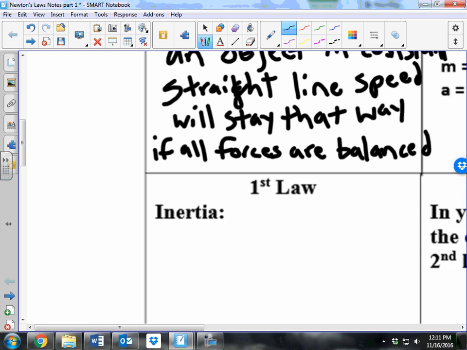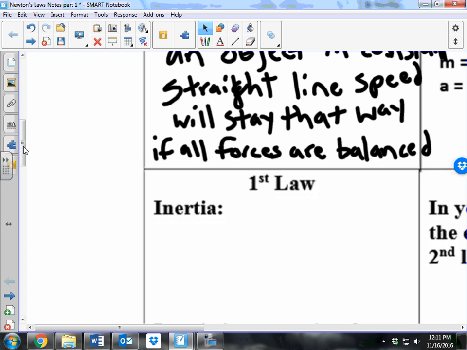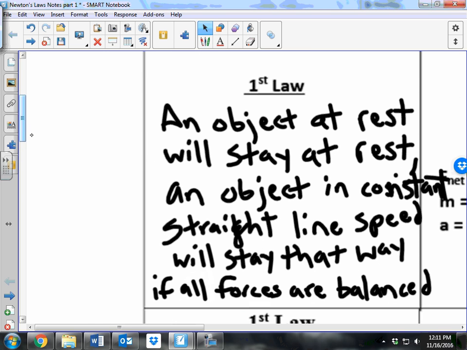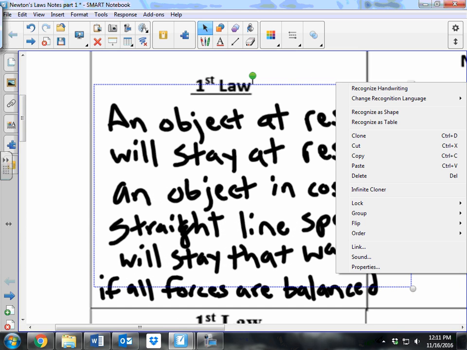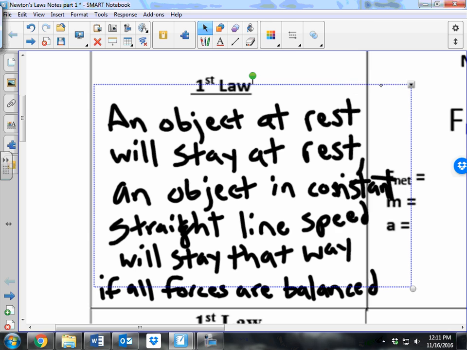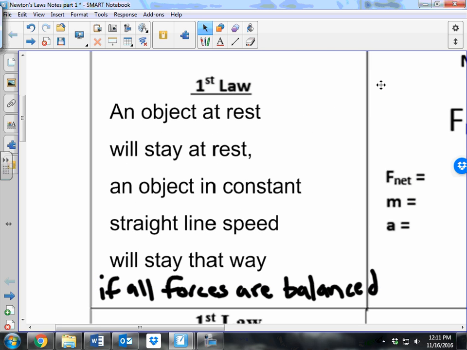So Newton's first law says 2 things. An object at rest will stay at rest, and an object in constant straight line speed will stay in constant straight line speed. An object at rest will stay at rest.